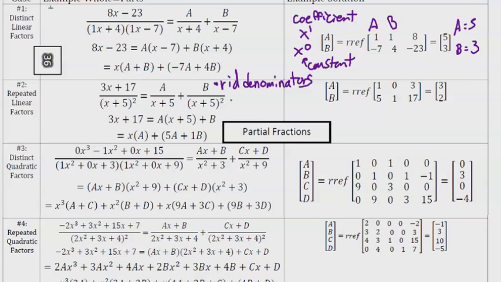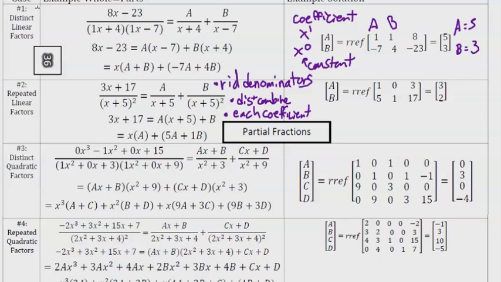From there, you'll distribute and combine like terms. After that, you separate each coefficient. So we have the x coefficient, which is a, and then we have the constant coefficient, which is 5a plus 1b.